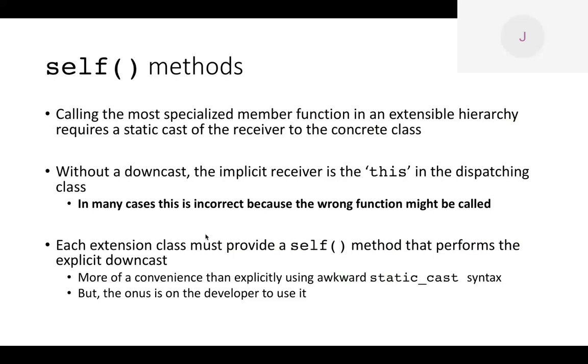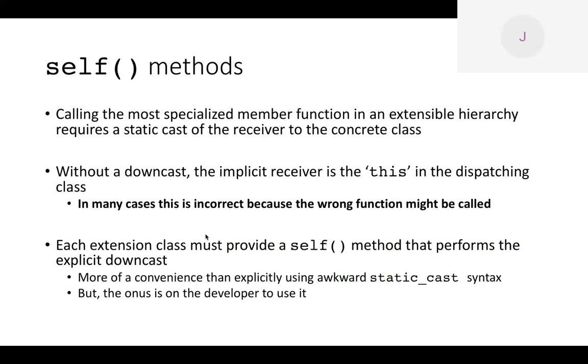In this particular case, you actually have a pointer to the most specialized class. So if you want to make sure that you're calling the correct function somewhere in this hierarchy, the most specialized one, you don't have the virtual keyword anymore to help you. It doesn't resolve this at runtime.